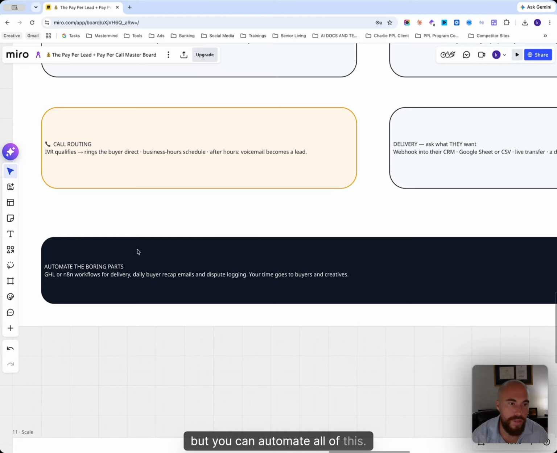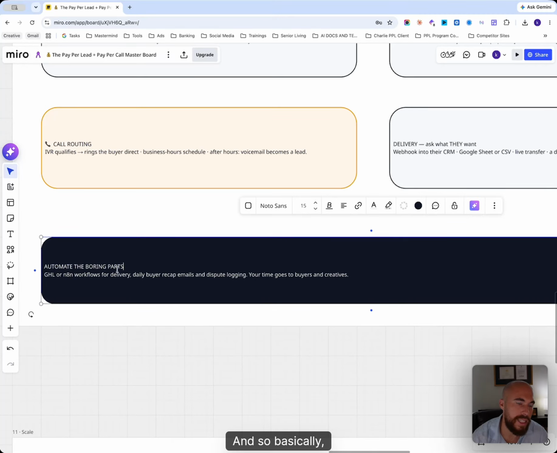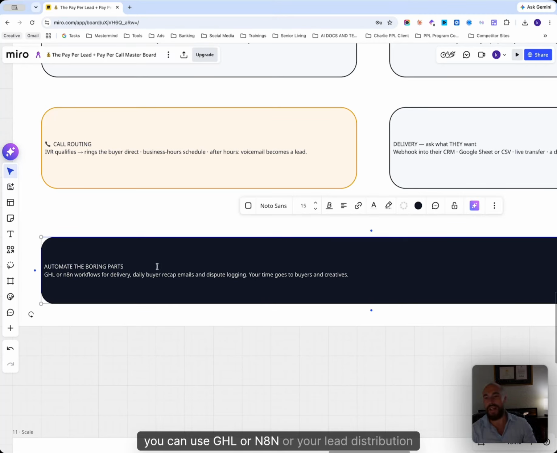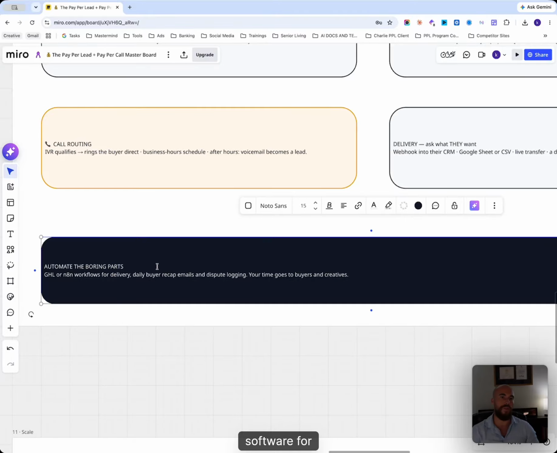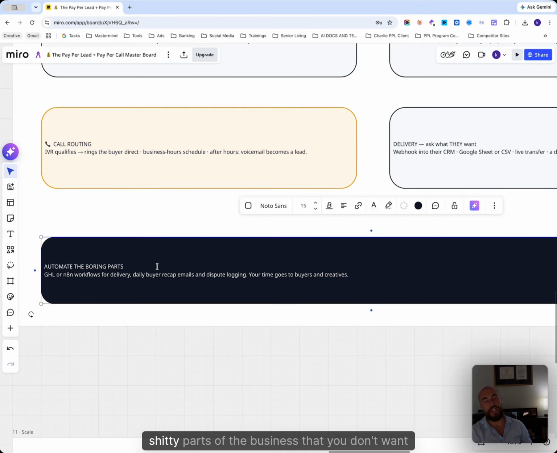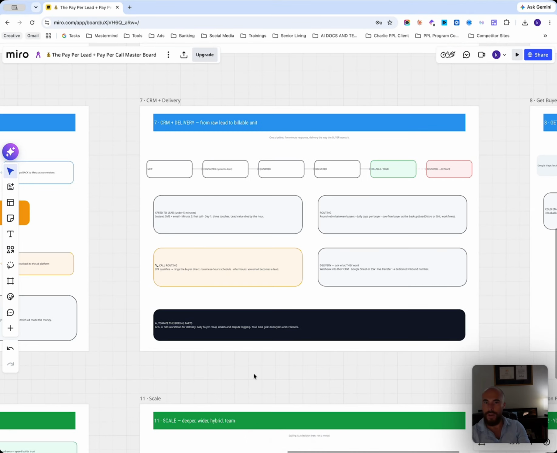But you can automate all of this, okay? You can use GHL or N8N or your lead distribution software for all of the boring parts of the business that you don't want to deal with and get a VA to take care of it all. Then your time will go to your buyers, making more ad creatives, different things like this that are actually going to help you grow, okay?